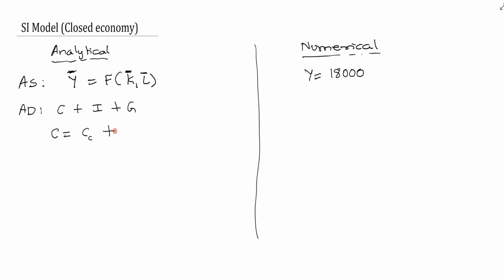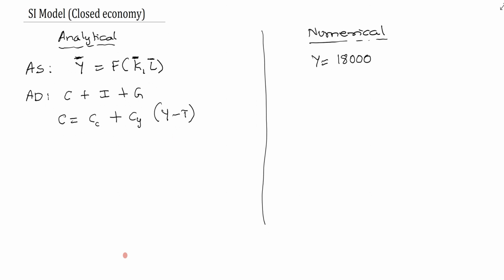Then, every time you get some income after you pay your taxes, consumption increases by a factor of CY. This is our marginal propensity to consume: how much extra we consume out of every one more dollar in disposable income. That's the consumption function.